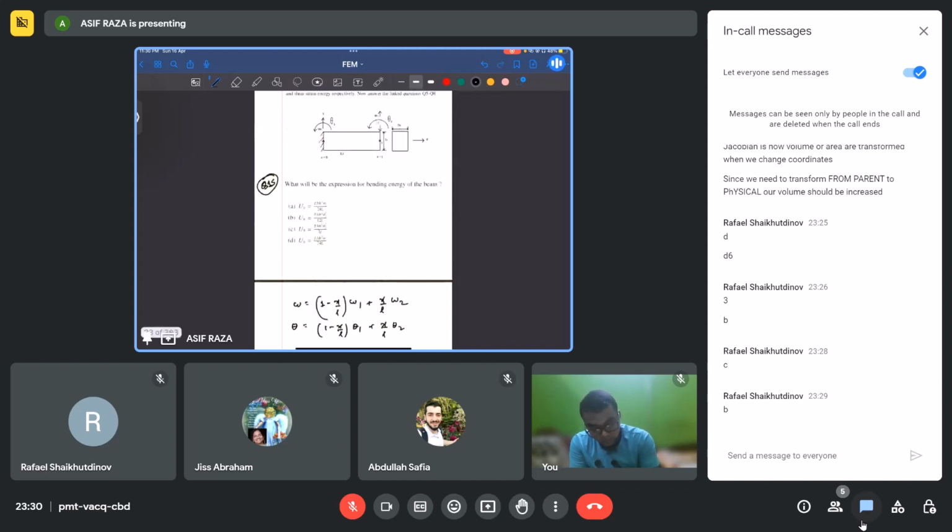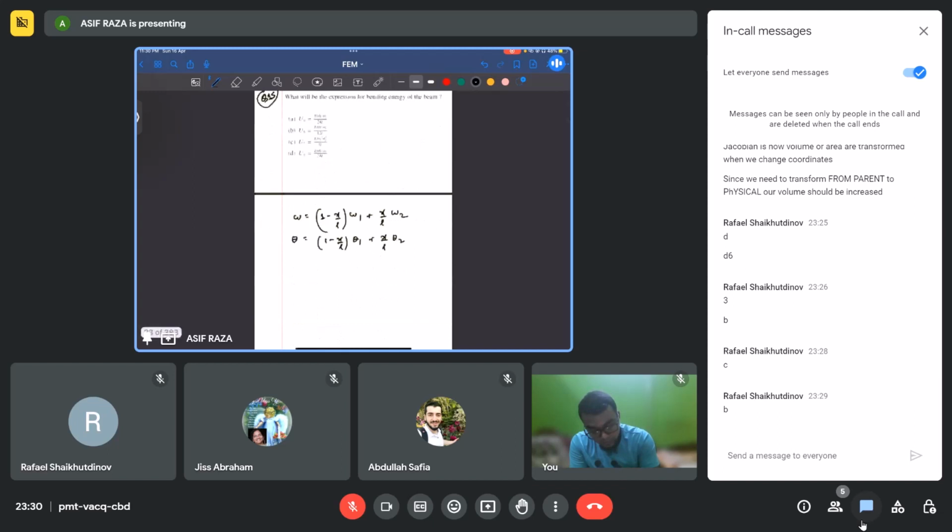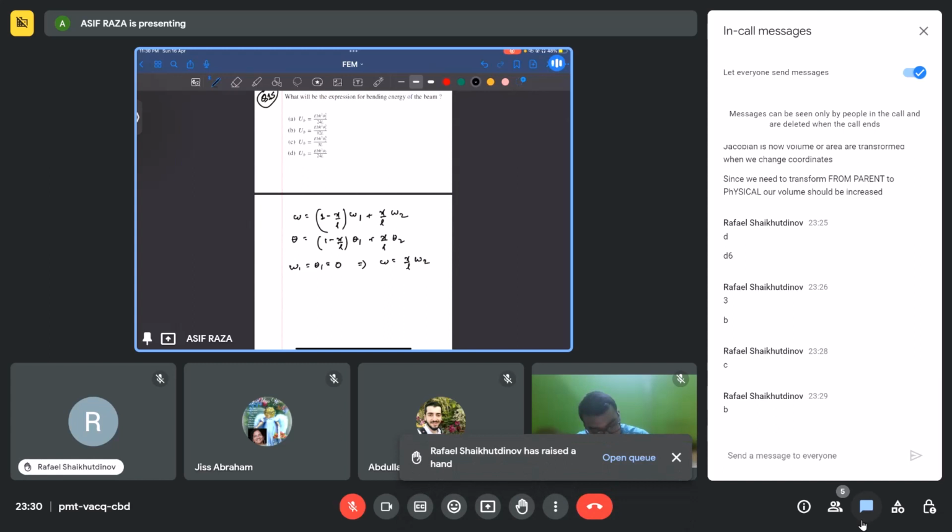As we can see, W1 and theta 1 would be 0. So this implies that W is equal to x/L W2 and theta is equal to x/L theta 2.